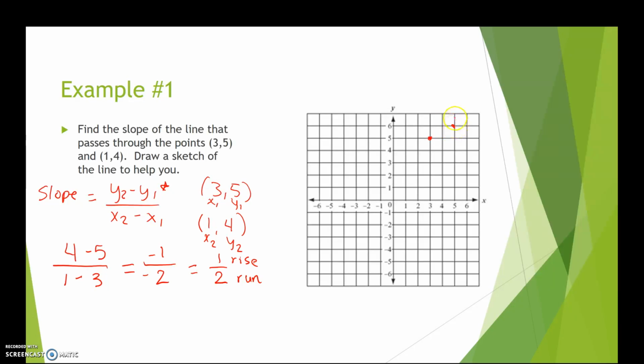From that point, I can rise 1 and run 2, and that would be my third point. Now these 3 points make my linear line. I can connect it, and there is the slope of my line.